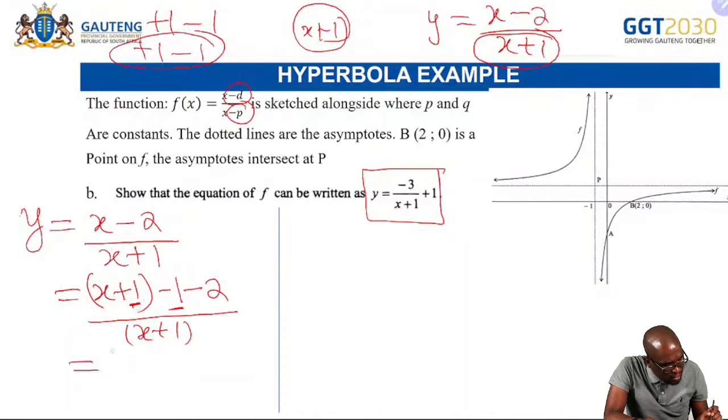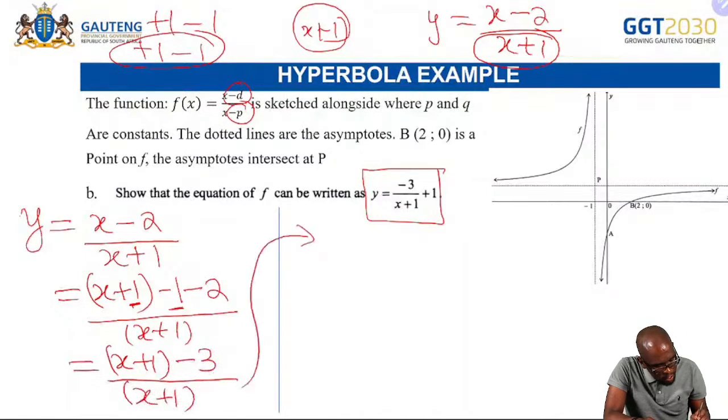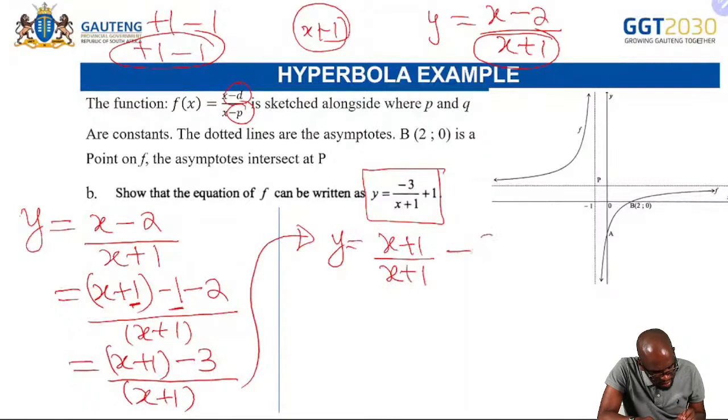Now from here I can say this is x plus 1, and then I add these two, minus 3, over x plus 1. If I continue with this, you can see there's a common denominator, which means that I can divide the first term by the denominator and divide the second term by the denominator.